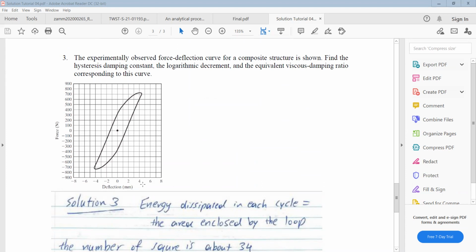The horizontal axis is deflection, and here it's about this point. This is the amplitude, about 4.3 millimeter. No other question? If you don't have any question, we can wrap up this session.